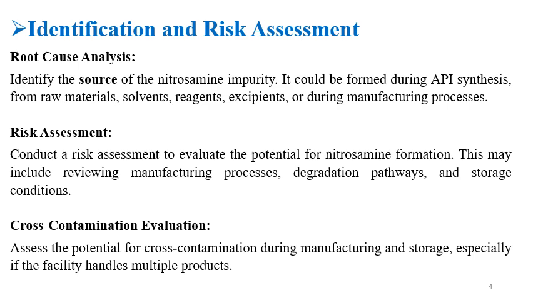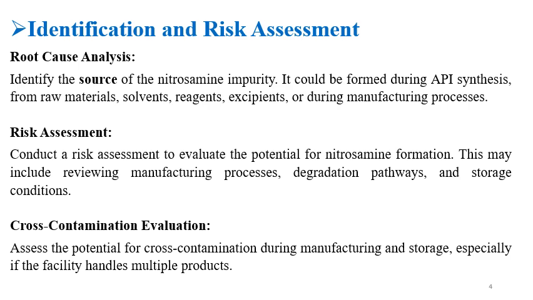So many reasons may be there. Coming to the risk assessment, conduct a risk assessment to evaluate the potential for nitrosamine formation. If you found the root cause, then a risk assessment is to be done. This may include reviewing the manufacturing process, degradation pathways, and storage conditions.